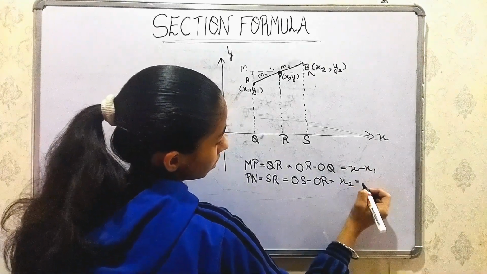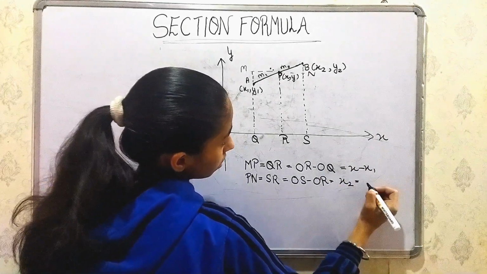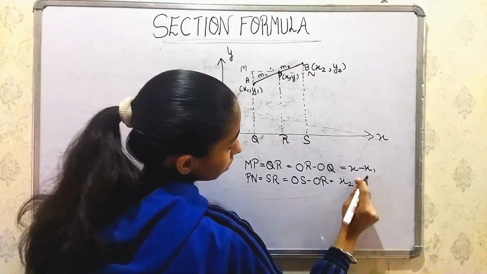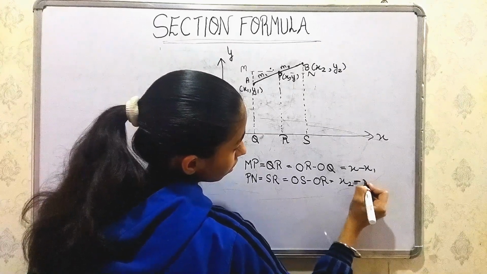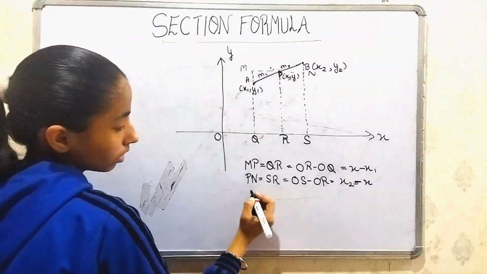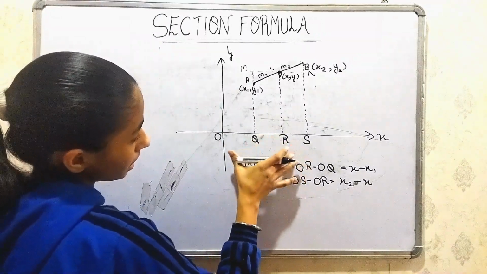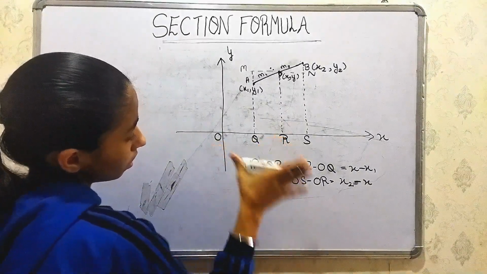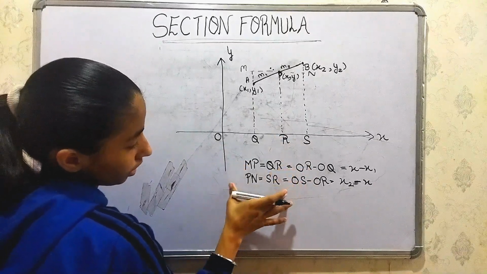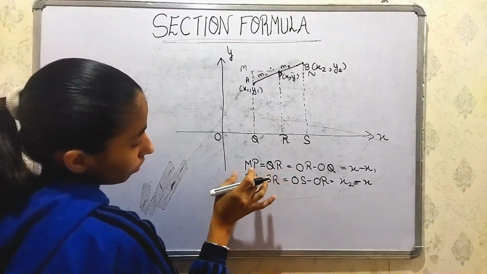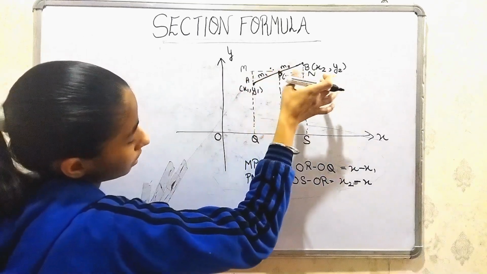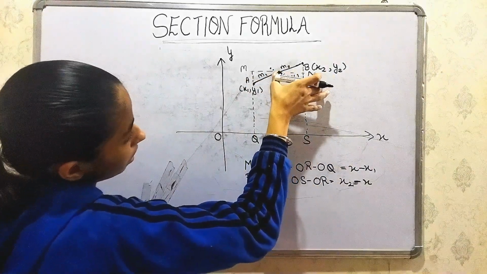So x2 minus x. Okay, now here we can see that MP is equal to QR, PN is equal to SR, and here we find out the MP and the PN.